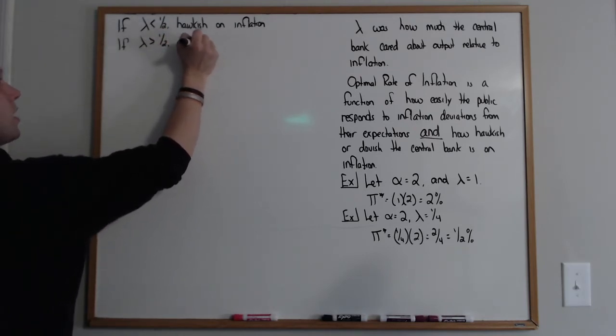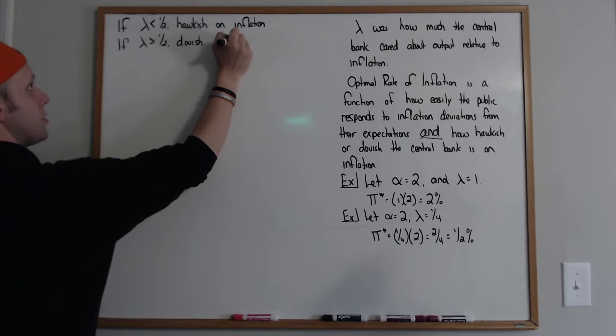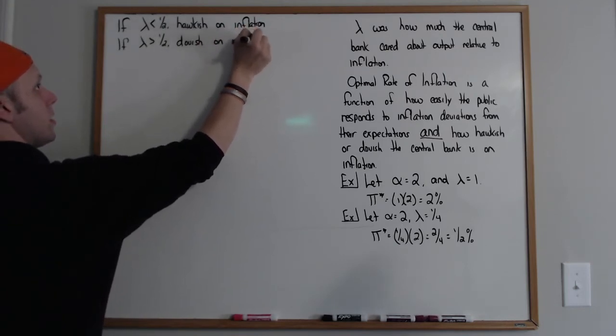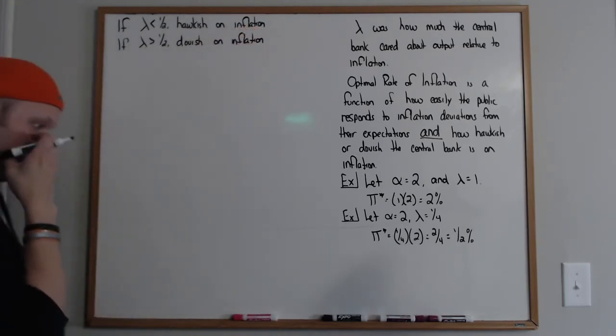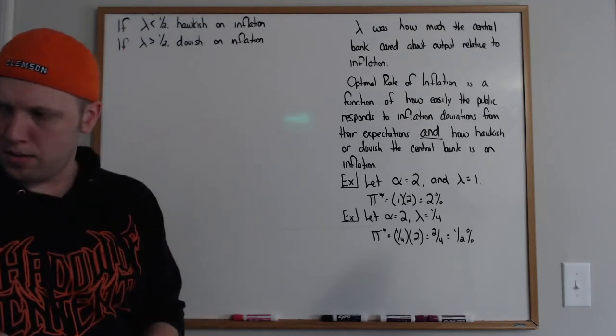If it's larger than 1/2, they're dovish on inflation. How do I know that?